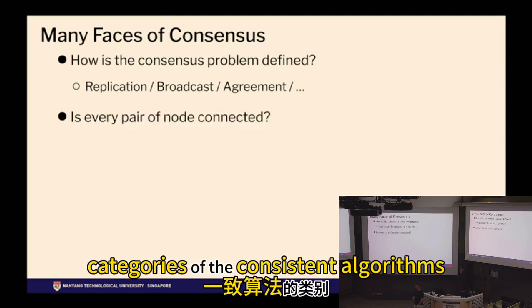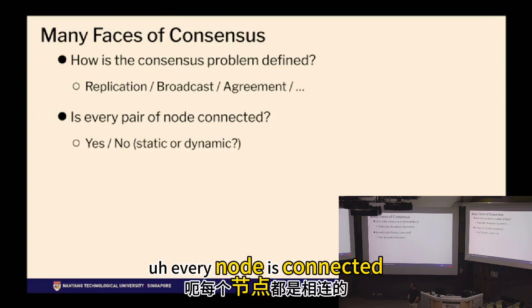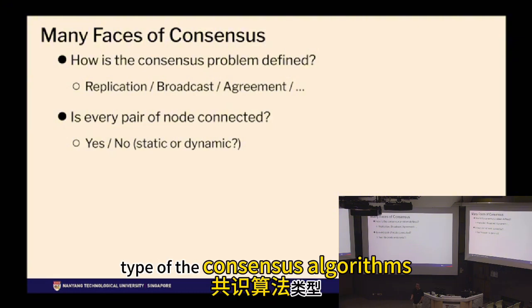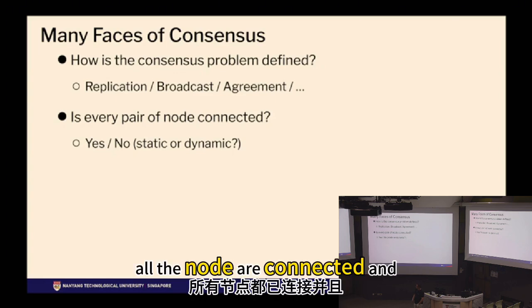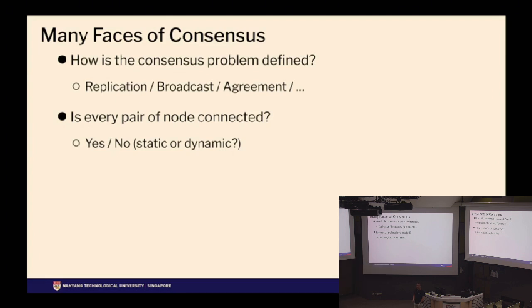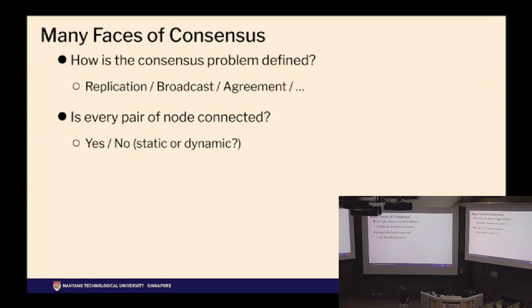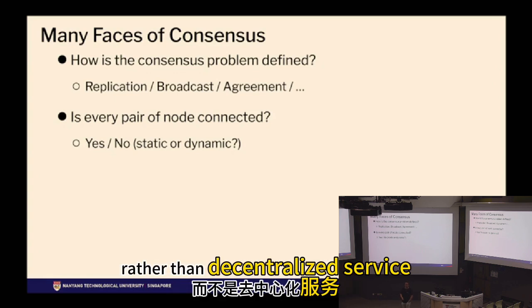Those are some of the categories of consensus algorithms. And depending on whether every node is connected, there are also different types of consensus algorithms. For example, if all the nodes are connected and always connected, in general, it's more for a centralized service rather than a decentralized service.